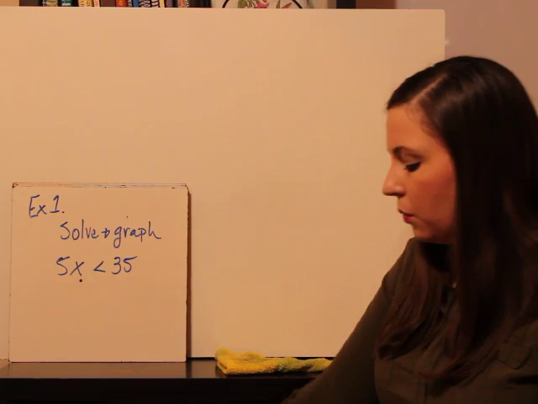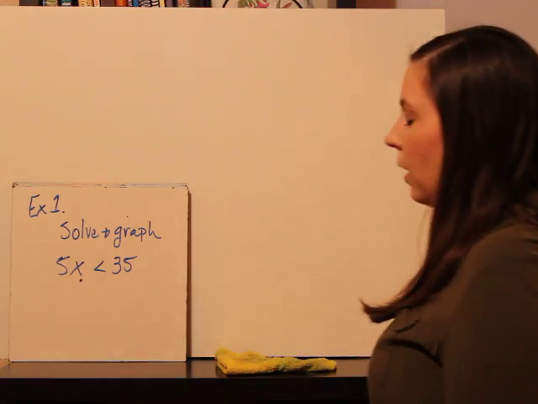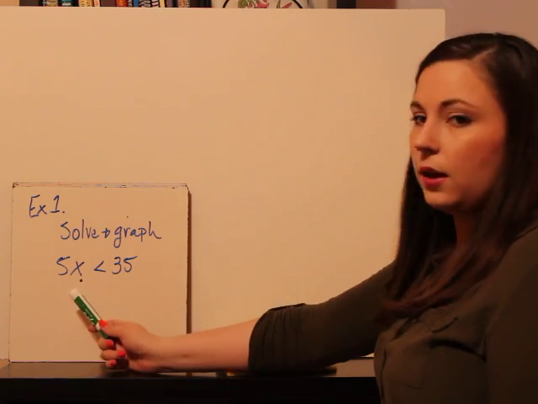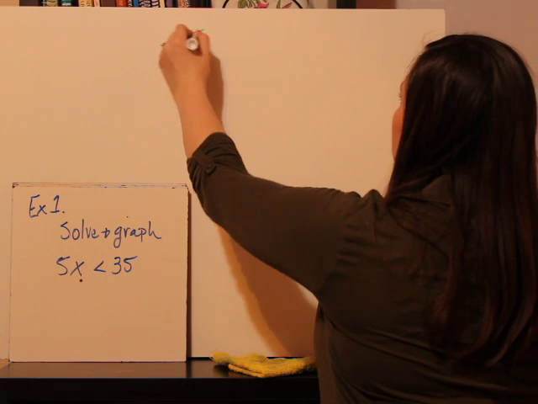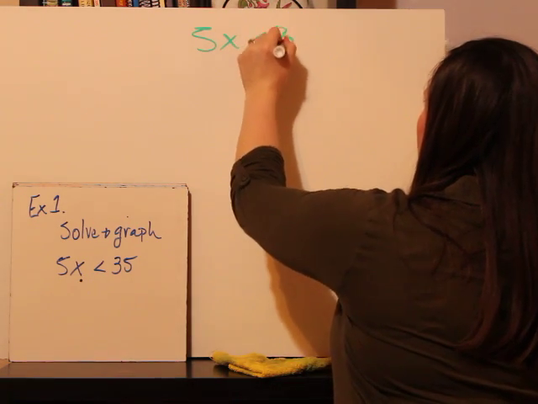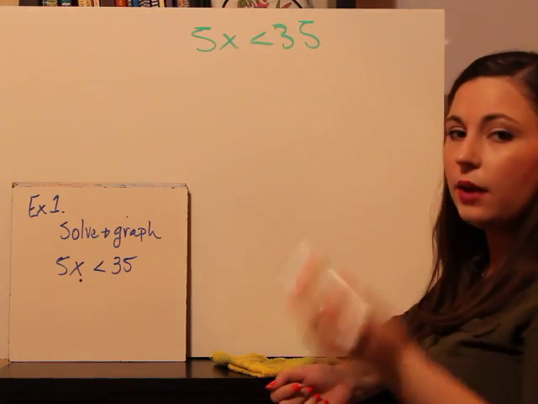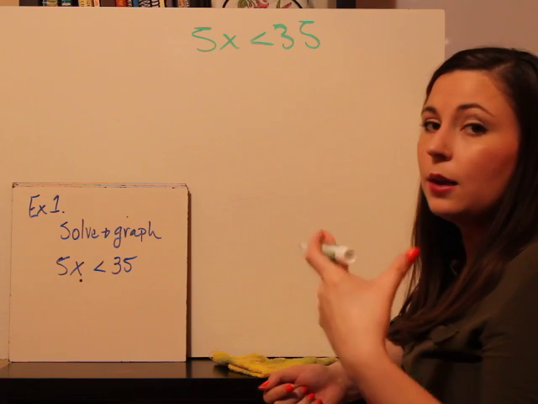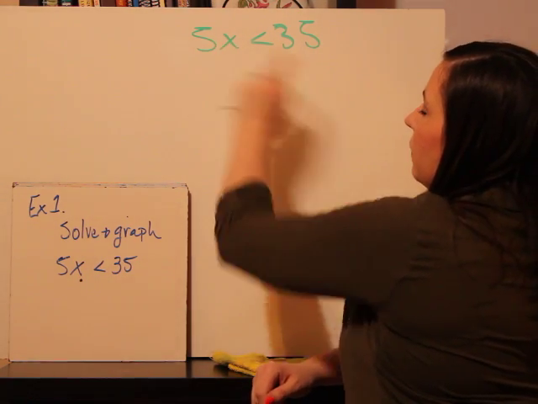So here's example 1. We're going to solve and graph 5x is less than 35. So I'll write this down. 5x is less than 35. Okay. 5x means 5 times x. So we have to undo the multiplying by 5.